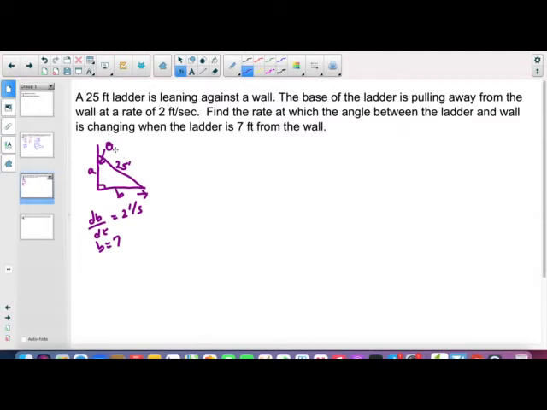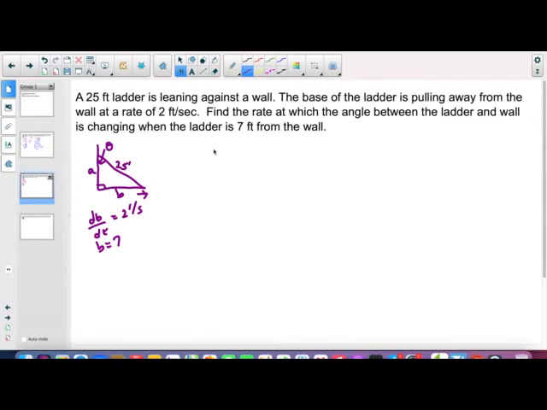So if we're trying to find the change in theta over time, then we're going to be dealing with a trig function here. And we're going to be talking about this trig function as it relates to this side B and this side A. So if you think about the trig function that we have to talk about, this is a right angle, theta is this angle here, and B is the opposite side, A is the adjacent side.